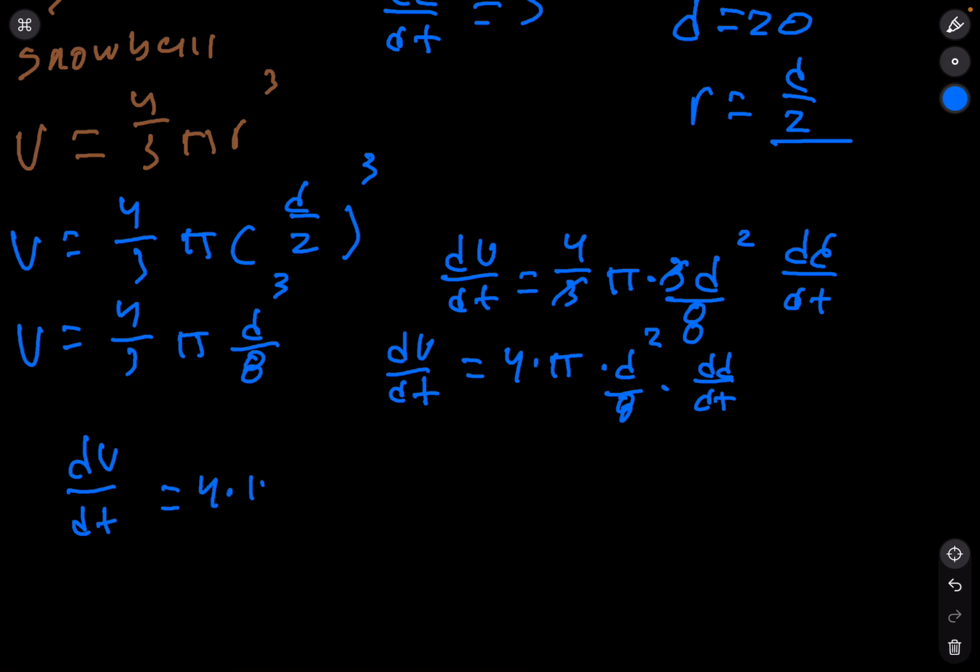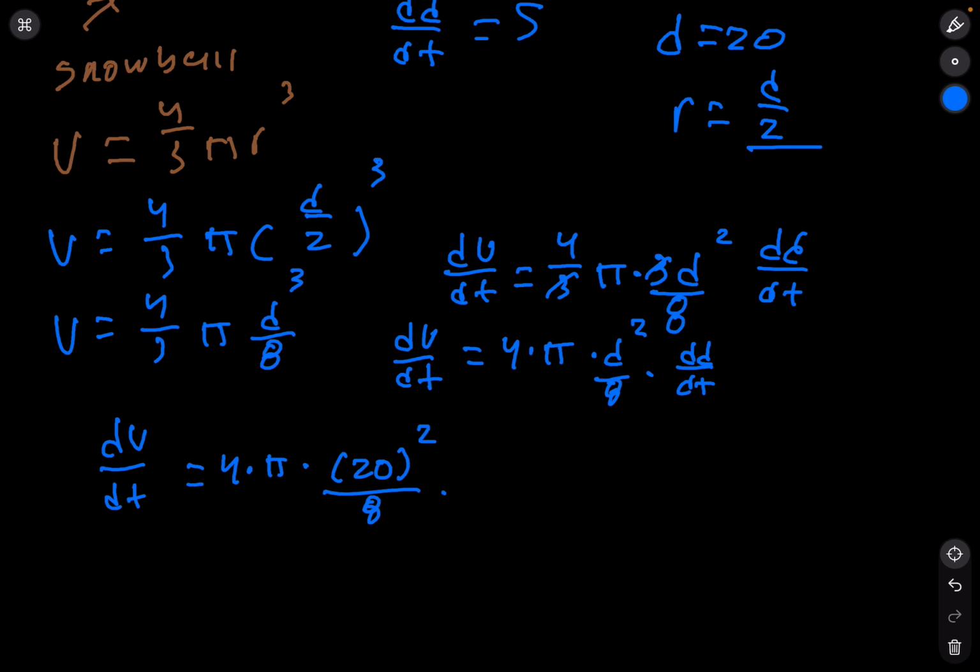So we have 4 times pi times diameter squared, and since it's 20, we have 20 squared over 8 times the rate of change of the diameter, which is 5. So from here, we just simplify everything. 4 over 8 is just 1/2, so you could really just do 1/2 times pi times 20 squared, which is 400, times 5.